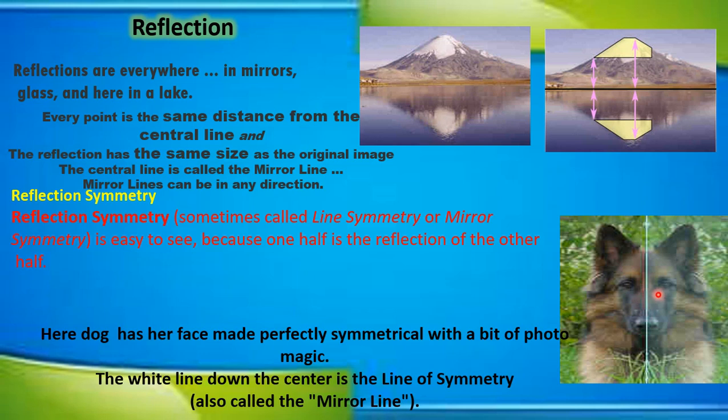The dog here has her face made perfectly symmetrical with photo magic. The white line down the center is known as the line of symmetry, or we can say this is the mirror line.